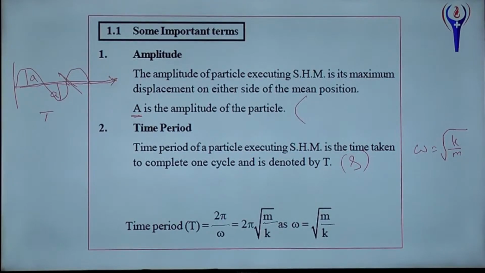Amplitude is a displacement. What is the unit of displacement? Meter. So time period is the time taken for one complete cycle of oscillation. In a wave, it is the time taken to complete one vibration of the wave, one complete wave.